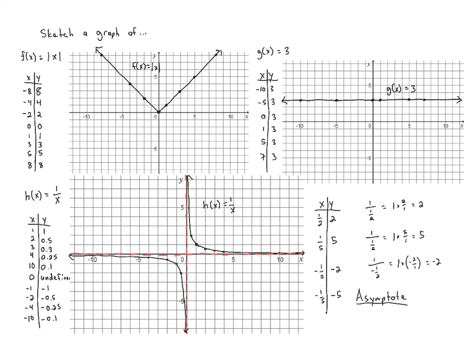Now, we're going to see this later on in the semester, and we're going to be focused on it a lot more then, but I did just want to point it out now because I think this is the first graph that we've seen where there is an asymptote. So it's really good for you to pay a little bit of attention to that.